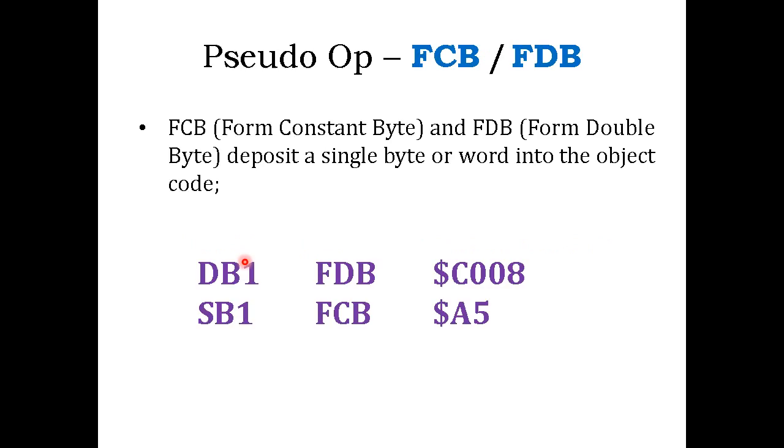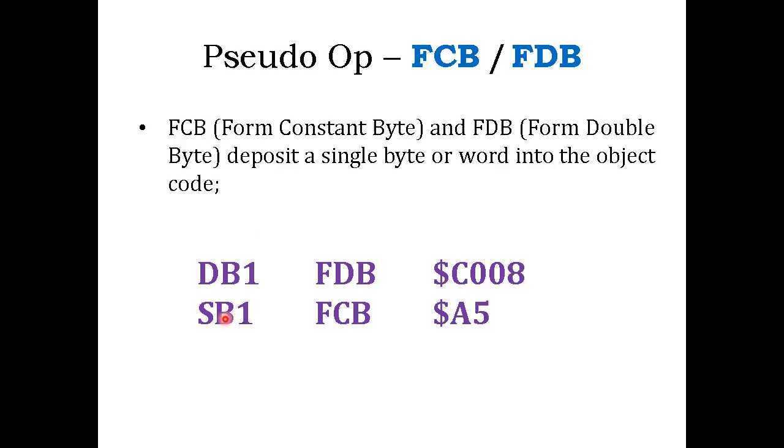Again, you have probably seen FCB. You probably have not seen FDB, but you have seen FCB. FCB and FDB are pretty similar: they deposit a single byte or word into the object code. What does that mean?